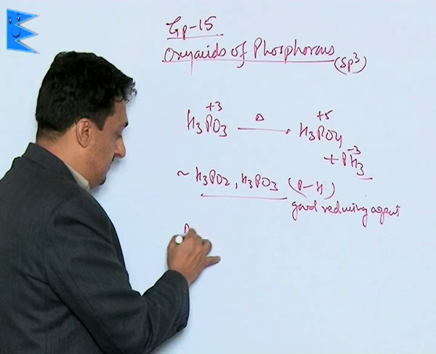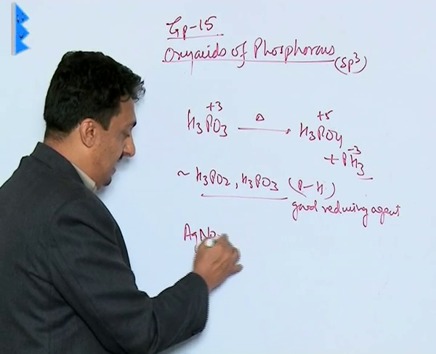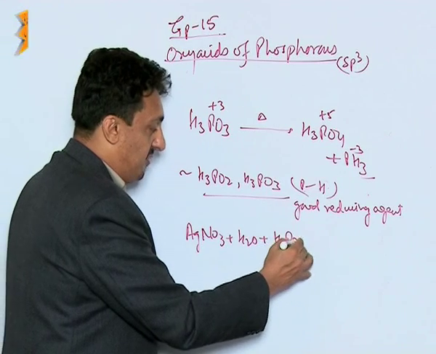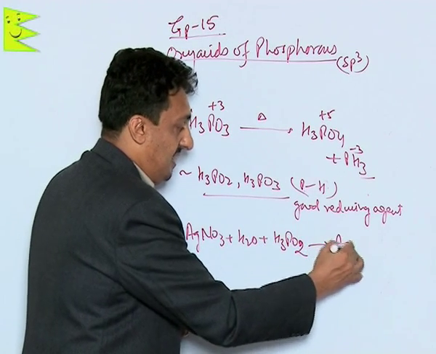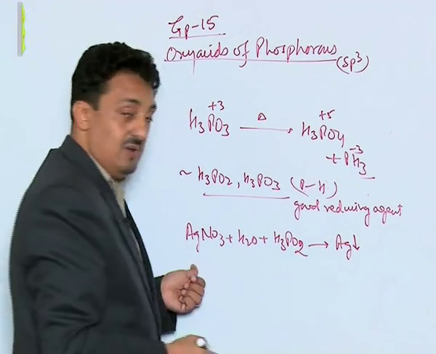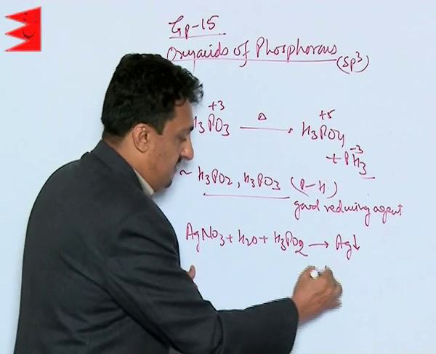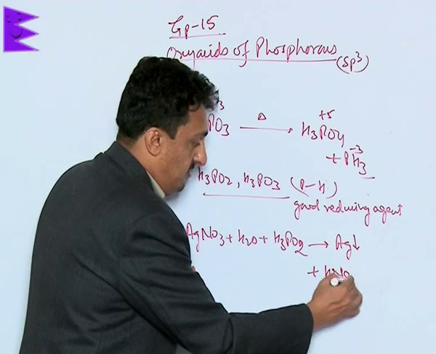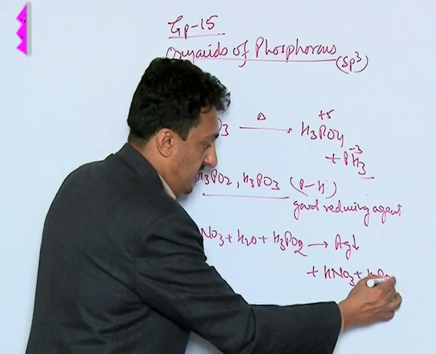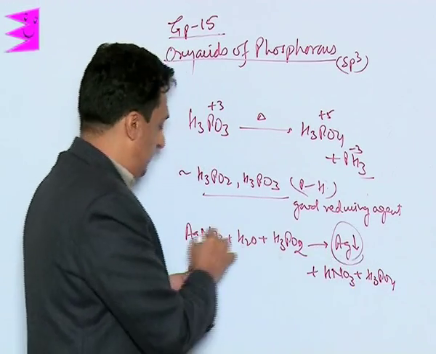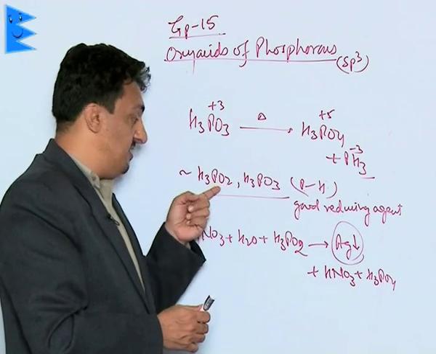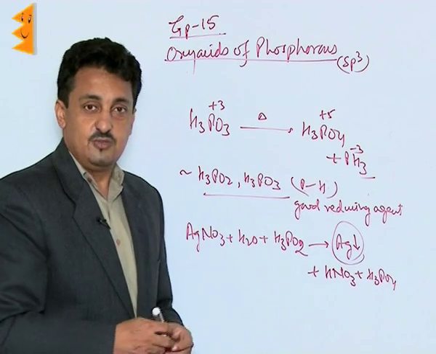That is why when silver nitrate solution is treated with hypophosphorus acid, silver nitrate gets reduced to silver, and what we get is nitric acid formed along with phosphoric acid. So this reaction shows that these oxyacids, the two out of which this is the better one, can be good reducing agents also.